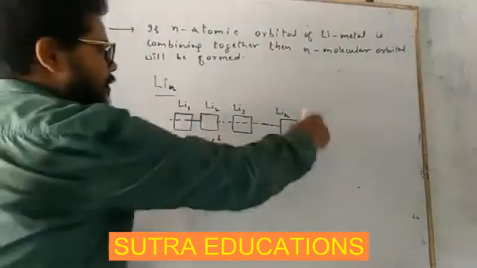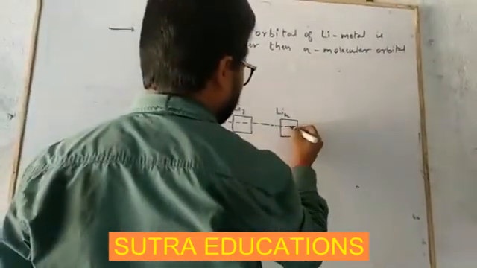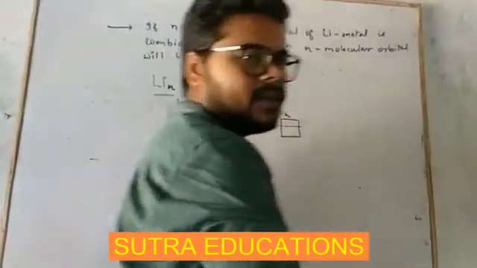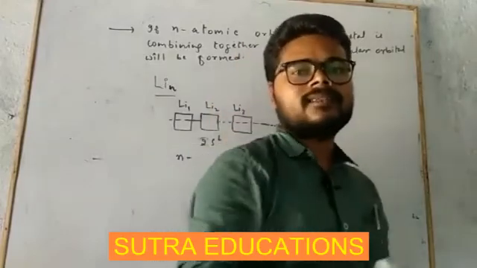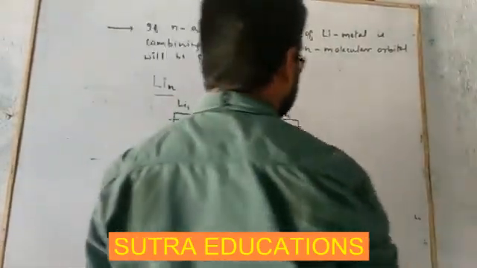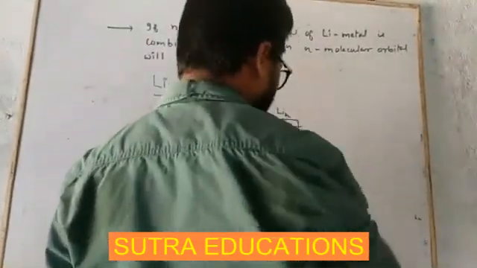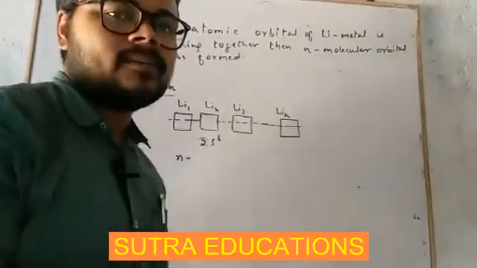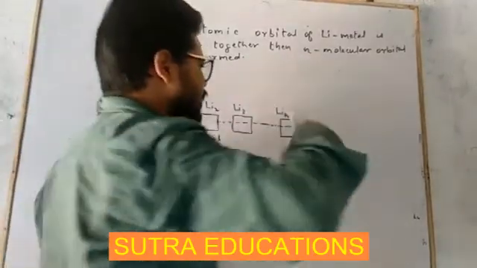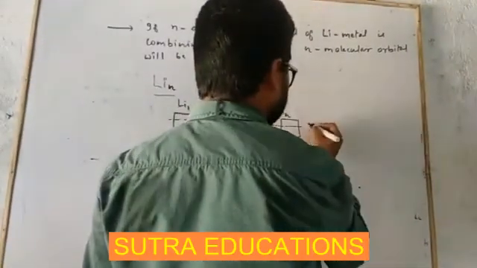So n atomic orbitals of lithium are participating this time to form n molecular orbitals. So the molecular orbitals formed will be n in number.